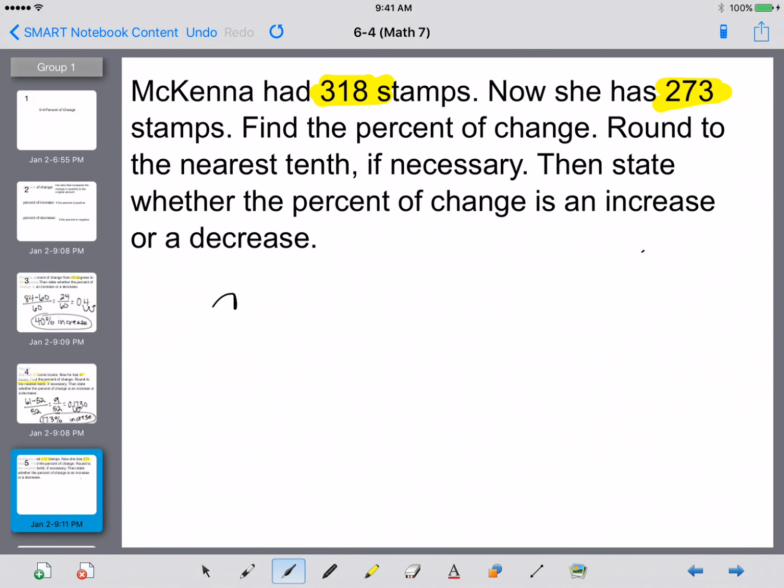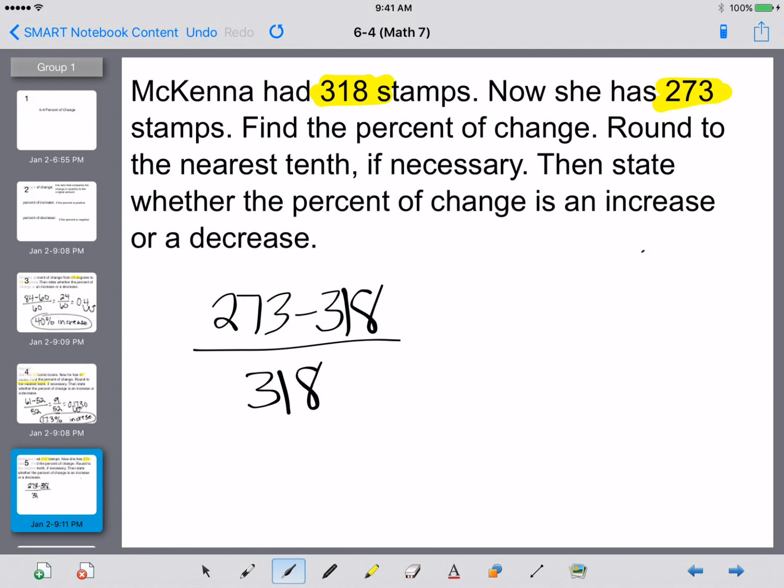So our new number is 273 minus our original number, 318, over the original number again of 318. We're going to get negative 45 over 318.